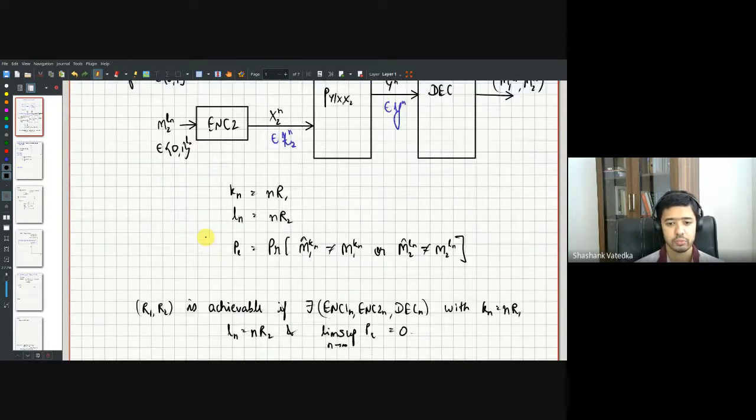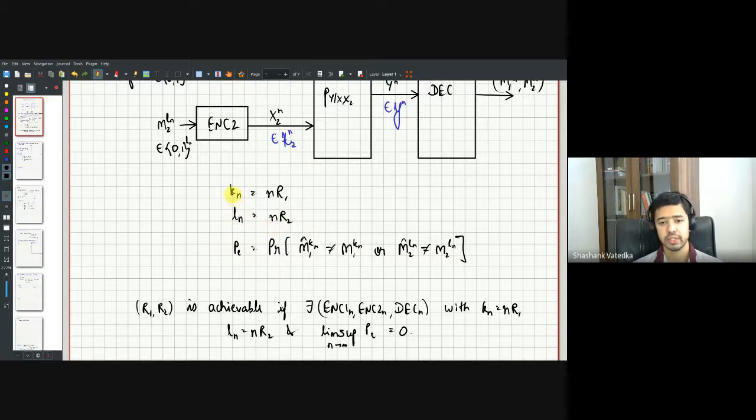So we want to ensure that the probability of error, which is the probability that either M1 is decoded incorrectly or M2 is decoded incorrectly, is vanishing as n tends to infinity. At the same time, we want to ensure that we can transmit as many bits of useful information through the channel as possible in n channel uses.